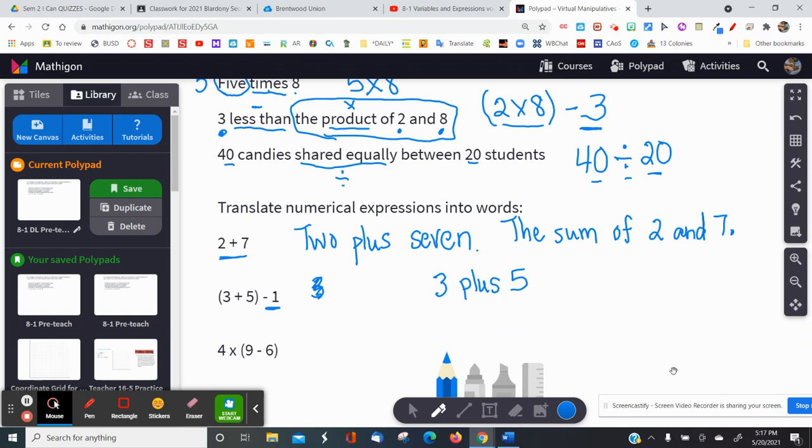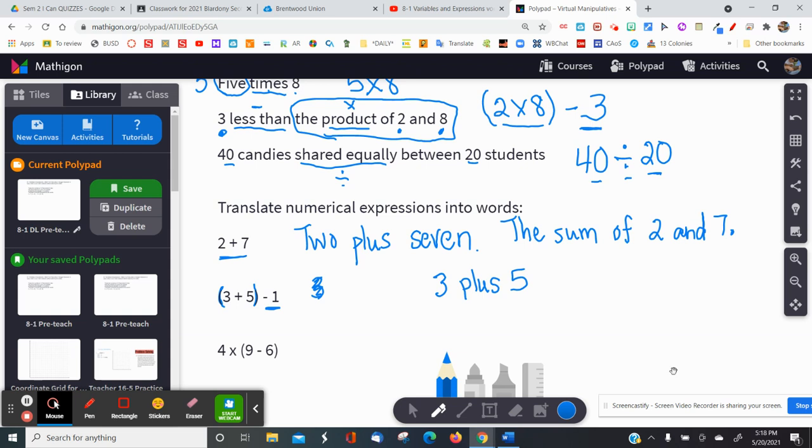Now, if you remember, we talked about order of operations, and we're going to get to that in tomorrow's lesson. When you see the parentheses, that means you have to do this operation first. You have to add 3 plus 5 before you subtract the 1. That's what those parentheses mean. So when I write out my written expression, I have to say 3 plus 5, and then I do need to still subtract 1.